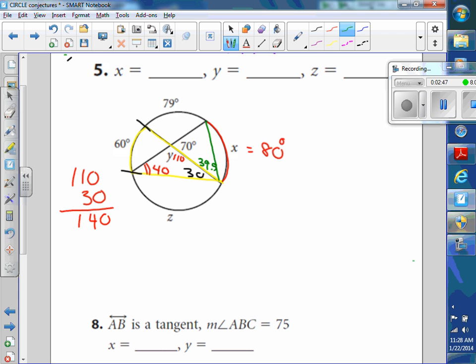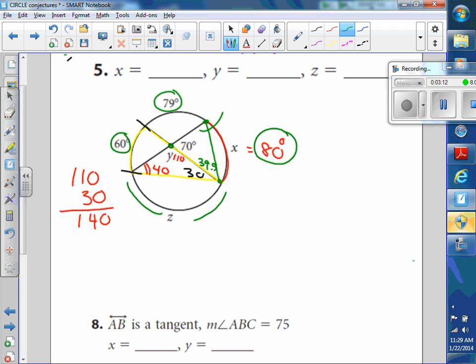That's not hard. It would work. Then you find this angle here by using the triangle sum theorem, and then you could double it to get Z, or you could take these three values and subtract them from 360. Your choice.